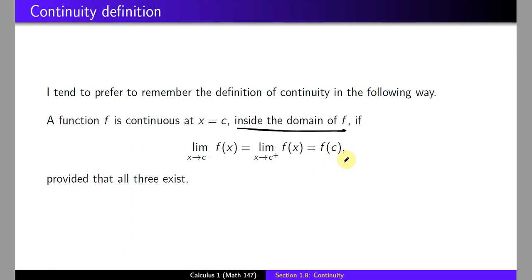Because essentially this is what you're checking, whether you're looking at the graph or checking algebraically by looking at the formula of the function. These are the three things that you're checking, that they match up. This is what it means to be continuous.